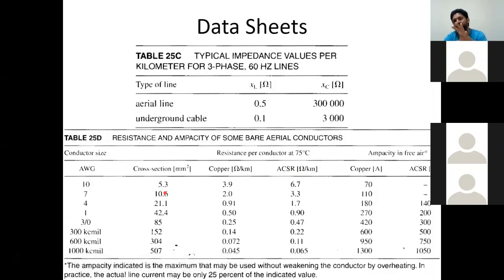How we will use the table is, there is a current capacity given here. Up to 70 ampere capacity if it is copper, and if it is ACSR conductor, all below 140 ampere, you can use any of these wires.